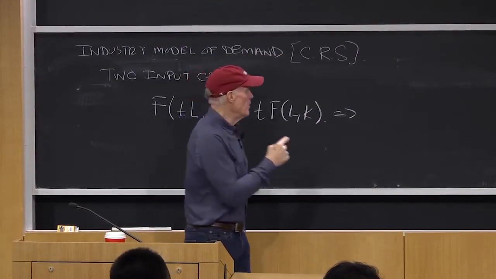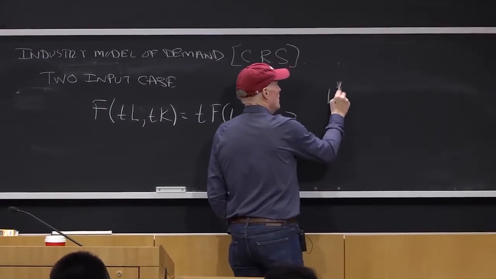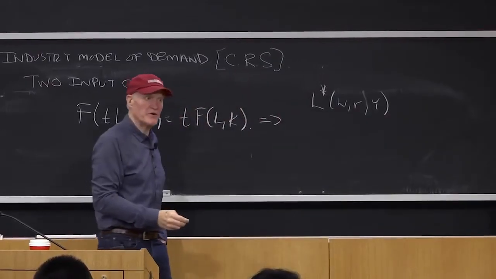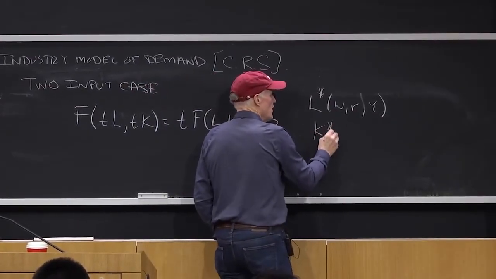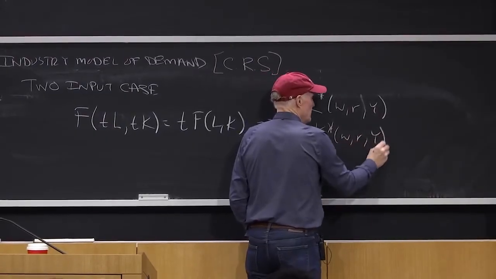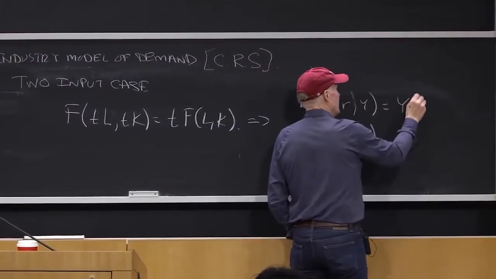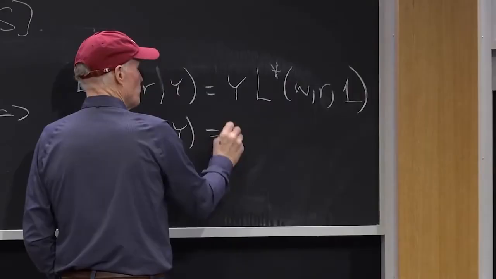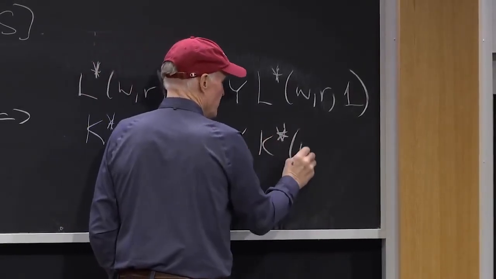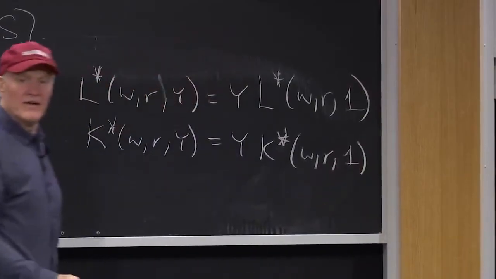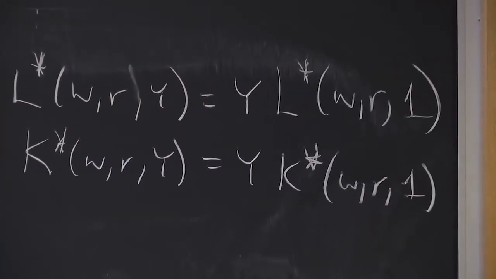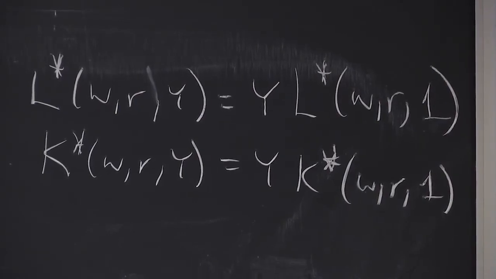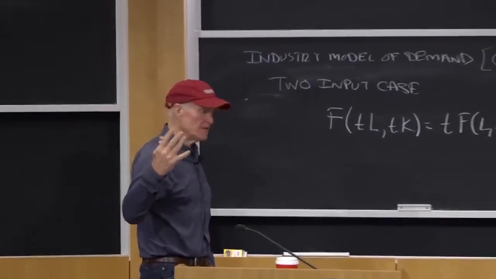You might say L star of W, R, and Y, this is our conditional factor demand curves, and K star of W, R, and Y would be something like Y times L star of W, R, and 1, equals Y times K star of W, R, and 1. That is, the factor demands are just proportional to output. If I want to produce twice as much output, I use twice as much of everything, right?